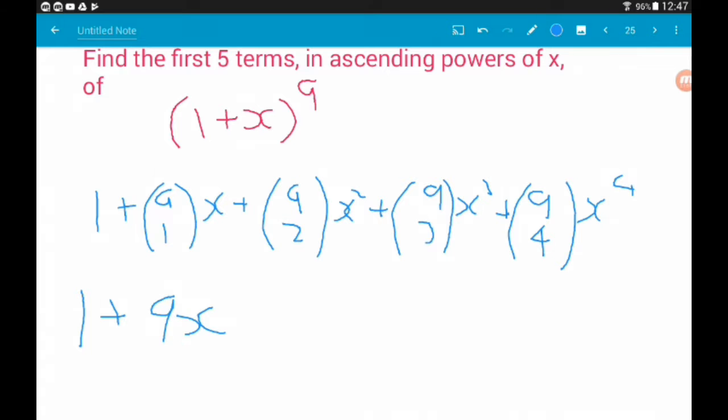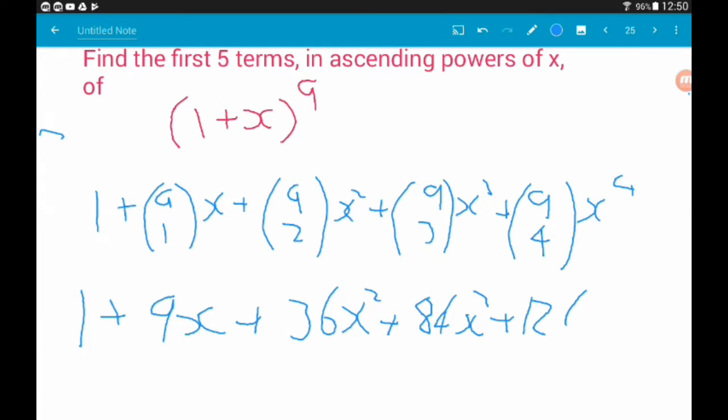So we got 1 plus 9x plus 9 choose 2, we should get 36x squared, and then for 9 choose 3 we should get 84x cubed, and then for 9 choose 4 we should get 126x to the power of 4. So there are the first 5 terms in the expansion in ascending powers of x.